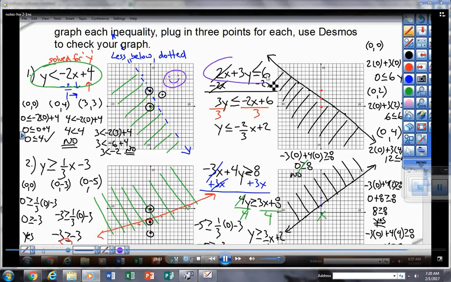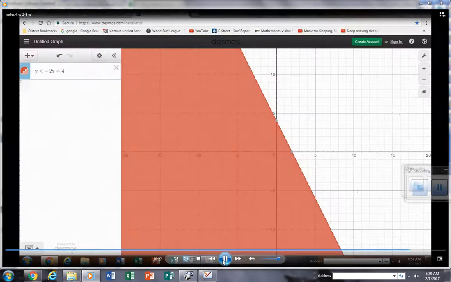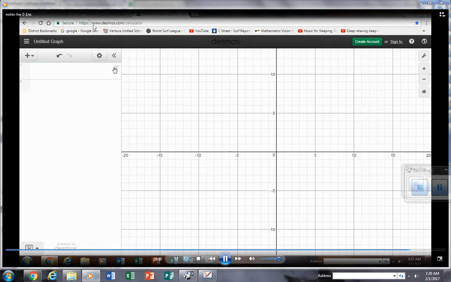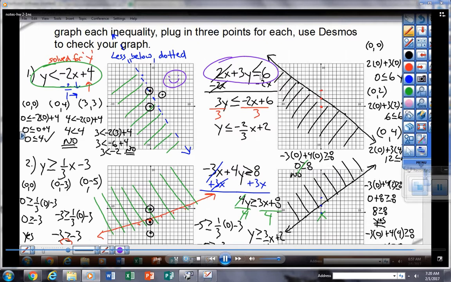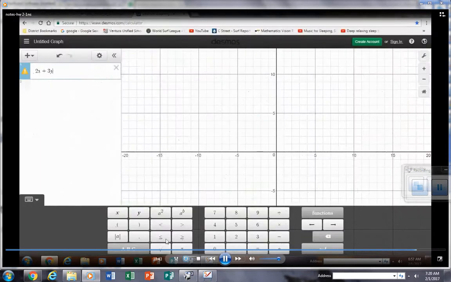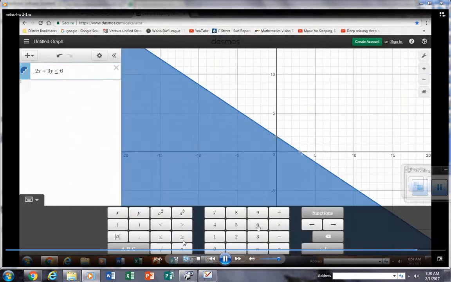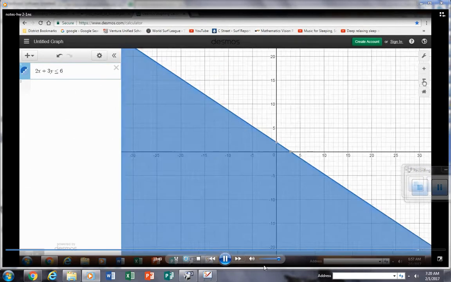Now I'm going to do this one. And again, for this, I could either plug in this inequality, and then I'm going to show you this one to show you that they give you the same graph because they are equivalent. So here we go. I'm going to X this out, and now get my keyboard back and type it in exactly. So 2x plus 3y less than or equal to 6. And then there's my graph. If I zoom out, that might not help me.